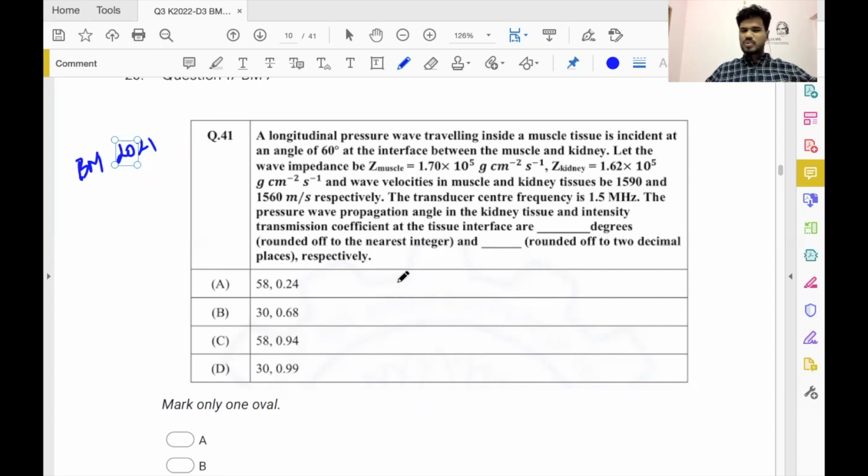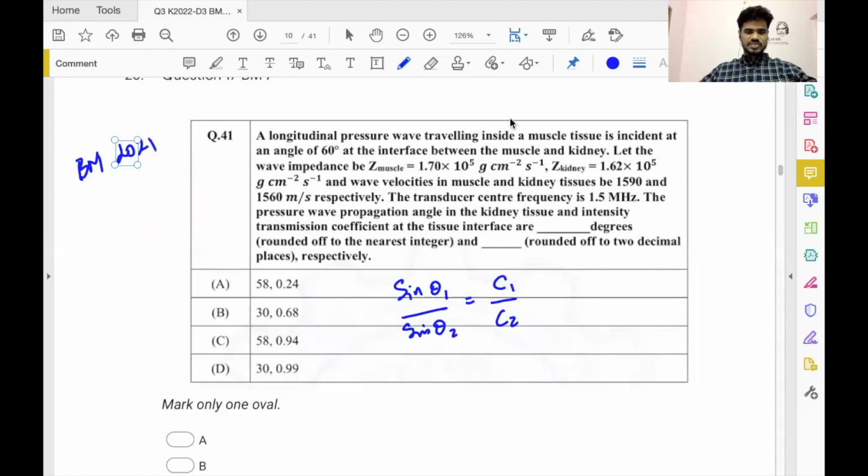Even if you couldn't remember the second relation, the first relation is very, very simple. Sin theta 1 by sin theta 2 is C1 by C2. So notice speeds behave inversely to refractive indices. Had it been in terms of refractive indices, it's N1 sin theta 1 equals N2 sin theta 2. But here in terms of speed, this is C1 by C2.